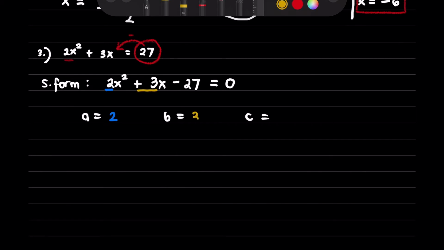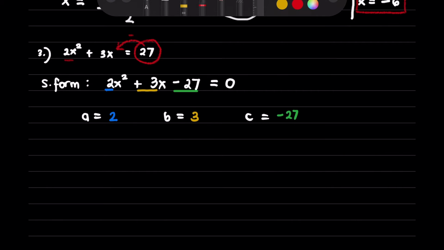So, that is positive 3. And the value of C, ito yung katabi or ito yung constant mo. So, that is negative 27. Okay? So, once na nakuha mo na yung values ng A, B, and C, we can proceed na dun sa pagsasolve ng solution or dun sa quadratic formula natin.